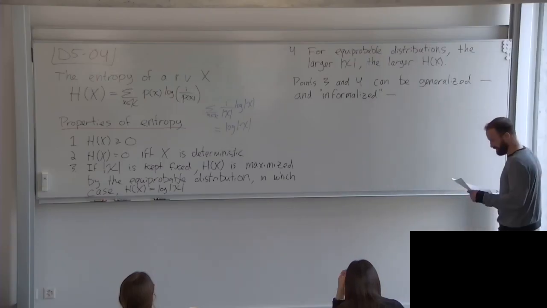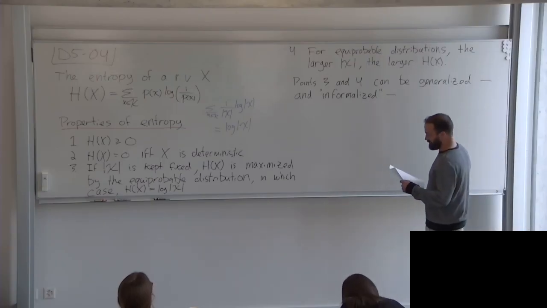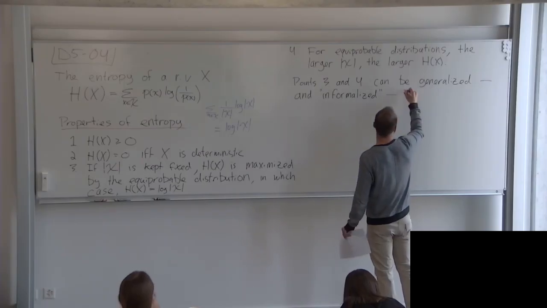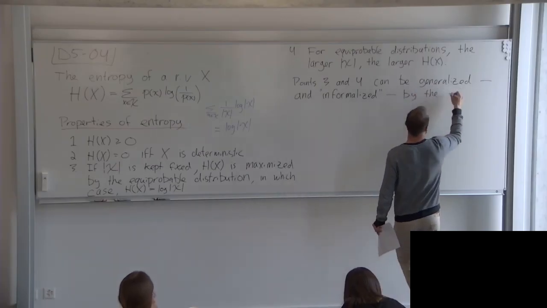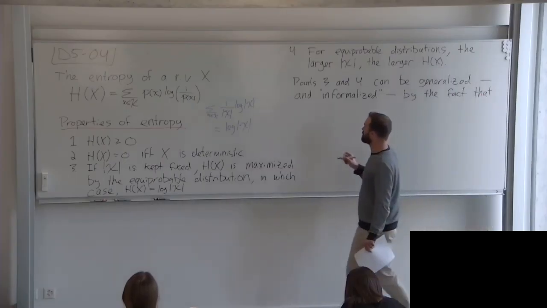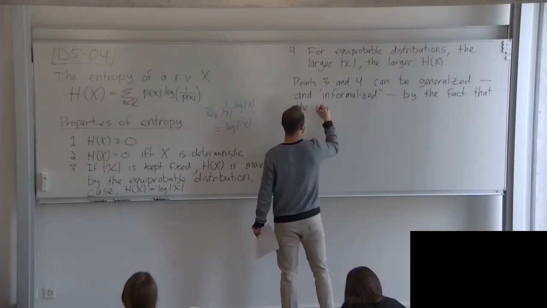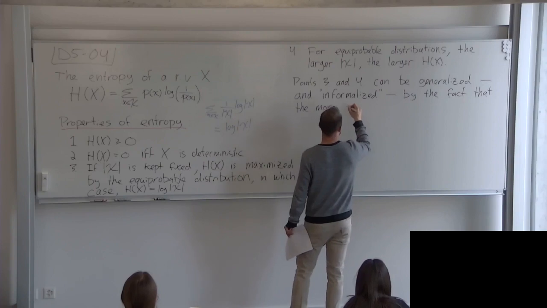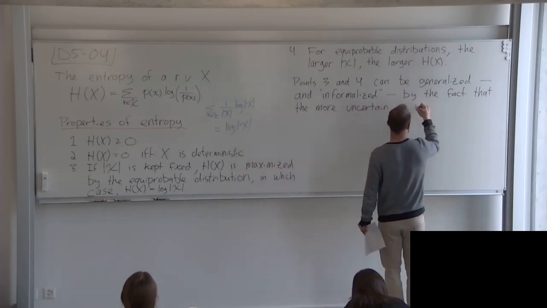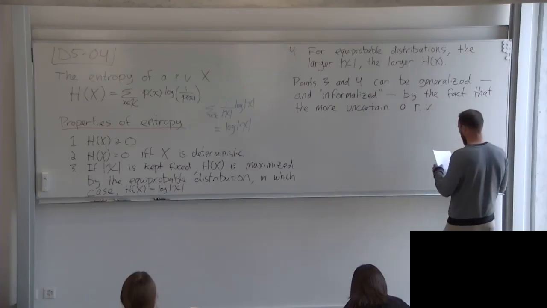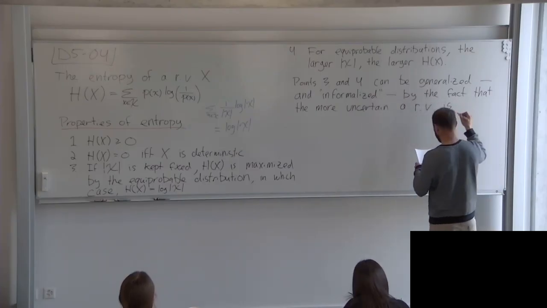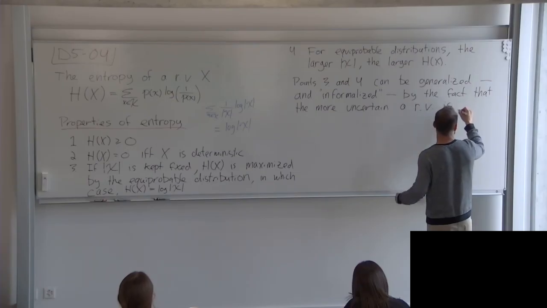Made informal rather than formal by the fact that the more uncertain a random variable is, the larger is its entropy.